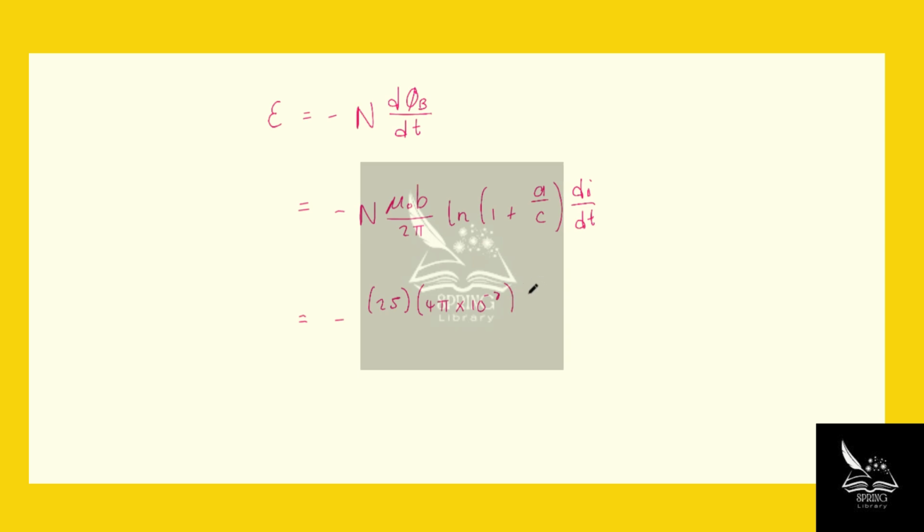We'll suppress the units here, times b, which we are given to be 0.2 meters, divided by 2 pi times the natural log of 1 plus a over c, which is the natural log of 3, multiplied by minus 3.7 amperes in a time of 200 microseconds, so 200 times 10 to the minus 6 seconds.